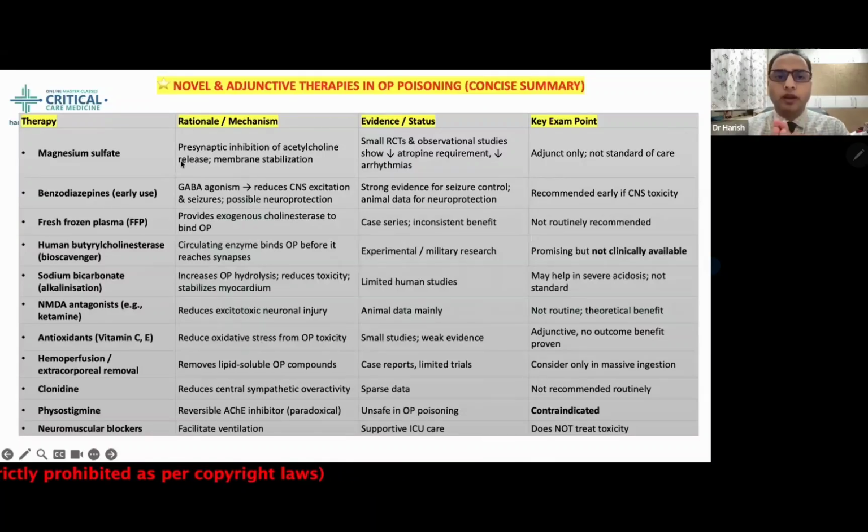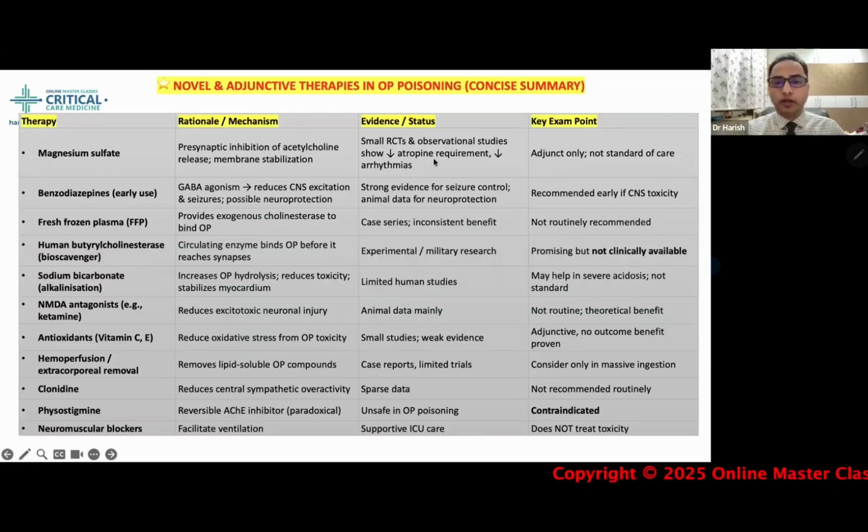See, there are some novel adjunctive therapies in OP poisoning that have been tried, but nothing proven on paper in terms of evidence. Magnesium sulfate: presynaptic inhibition of acetylcholine release, and it helps in membrane stabilization. Evidence is small. RCTs and observational studies show decrease in atropine need or decrease in arrhythmia incidence.